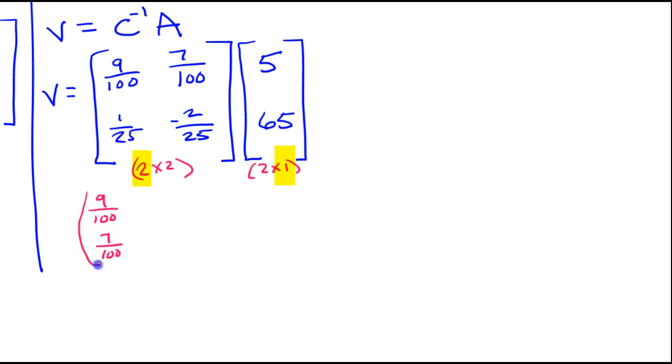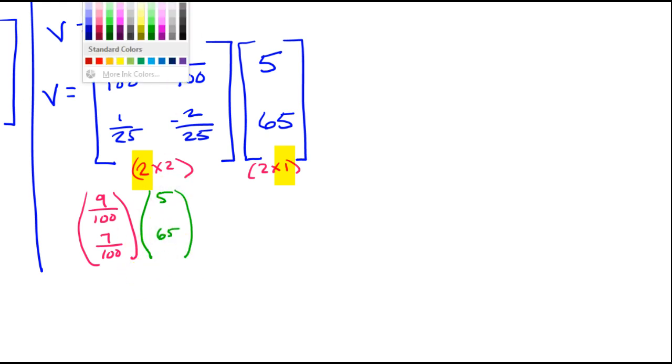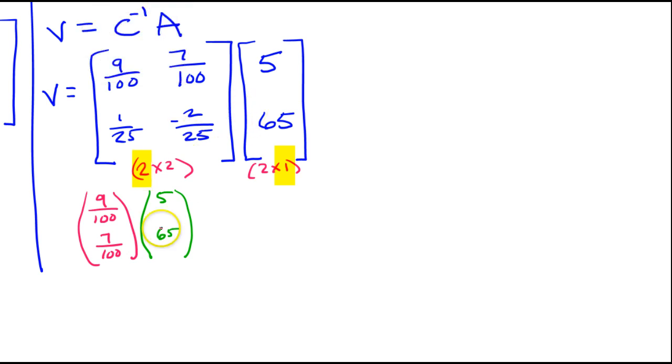I'm going to multiply that by the only column that I have, which is 5 and 65. And then I'm going to multiply row 2 by that same column. Row 2 is 1/25th and then -2/25.